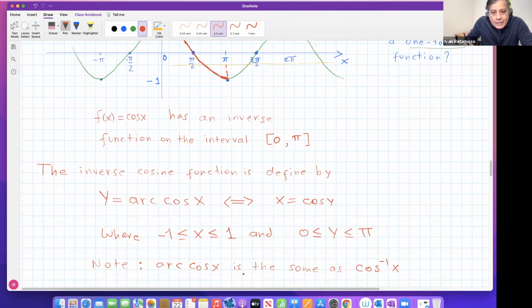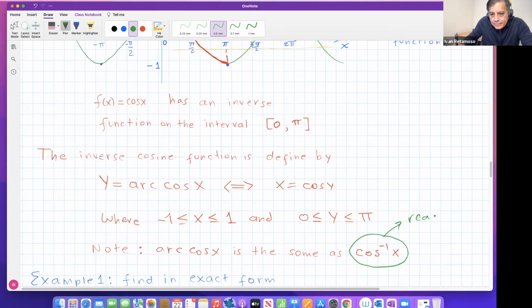Note, arc cosine is the same as cosine inverse. Mathematicians decided to replace this arc word with a -1 on top of cosine. This should be read as cosine inverse of x.